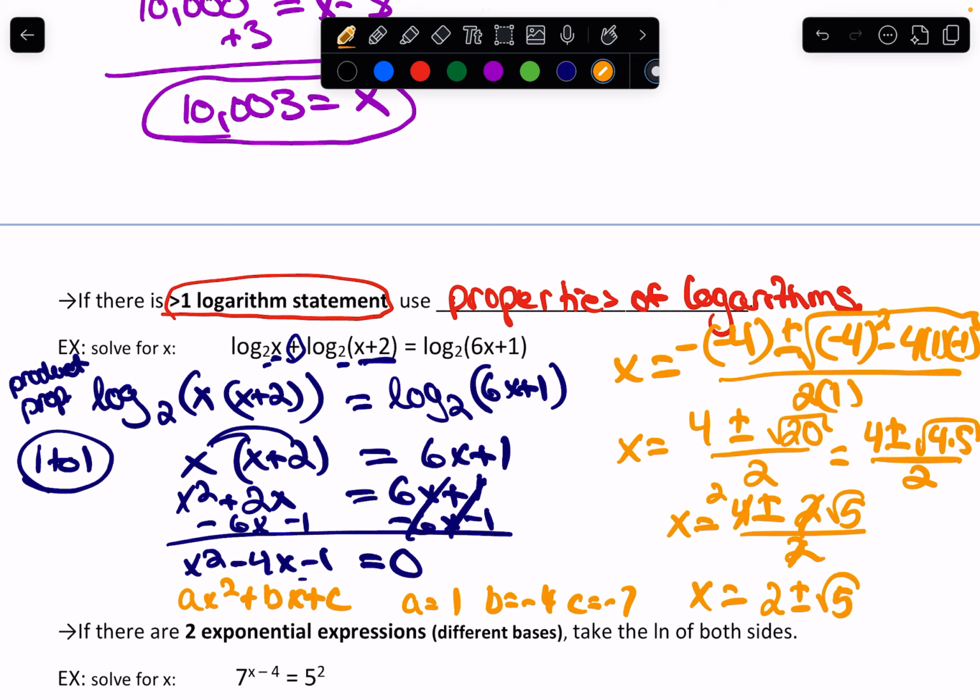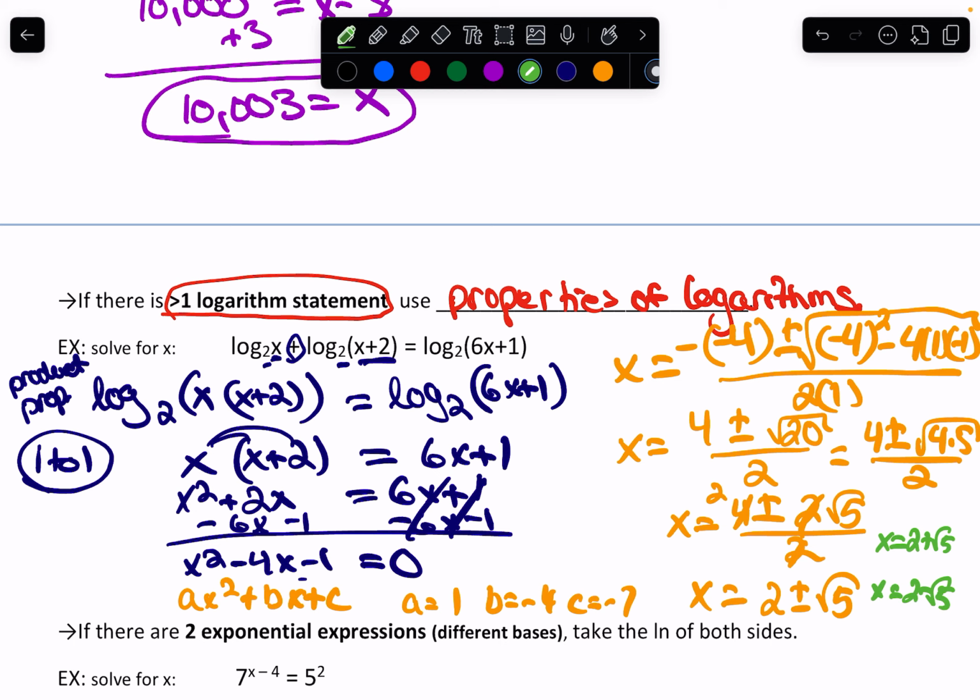Now, here's the important thing, though. We need to make sure that this works, or that both of these work. Let's do x equals 2 plus square root of 5, and then x equals 2 minus square root of 5. What the values are.